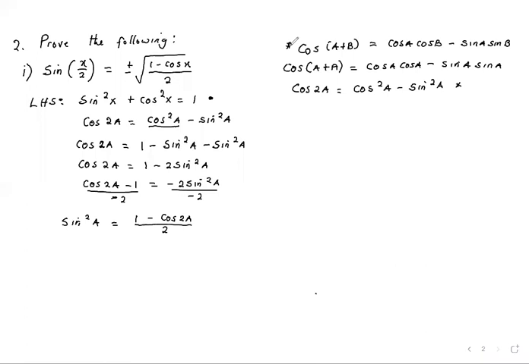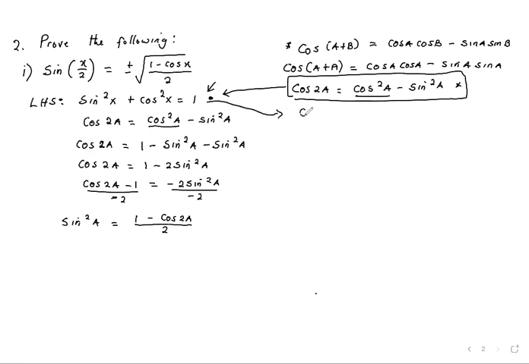Now from this, combining this one with this one, where there is cosine here, we change it to sine using this identity. Remember, from this identity we can solve for cosine in terms of sine by taking sine to the other side; it will go there as a minus.